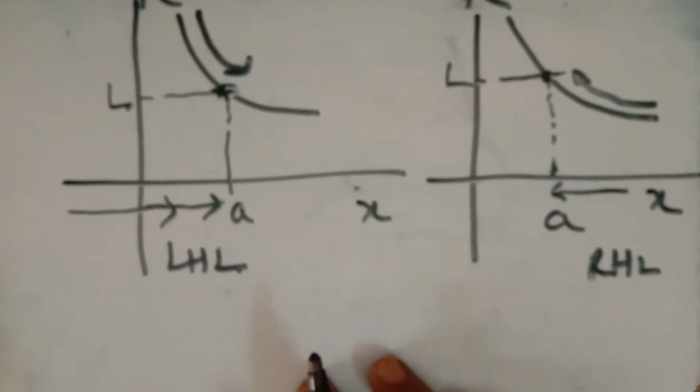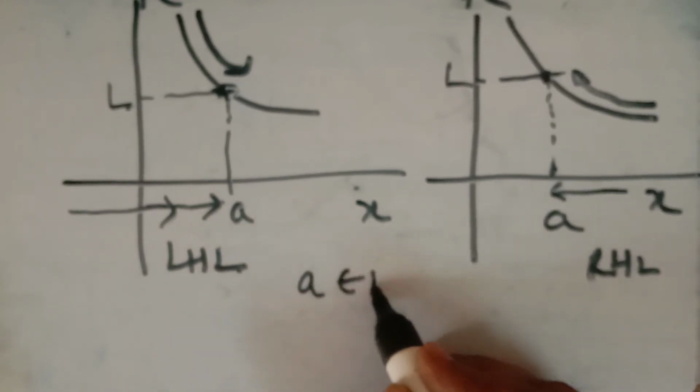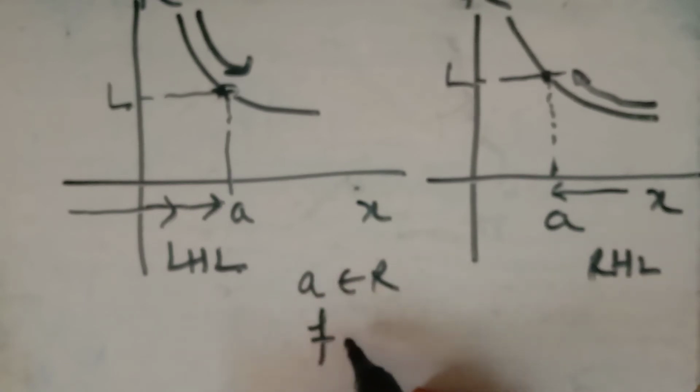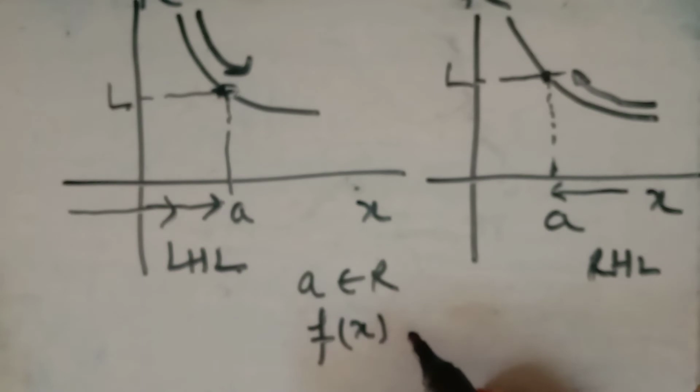So we can define the limit here. Let us take any real number a, where f(x) is any real valued function defined for some values of x.